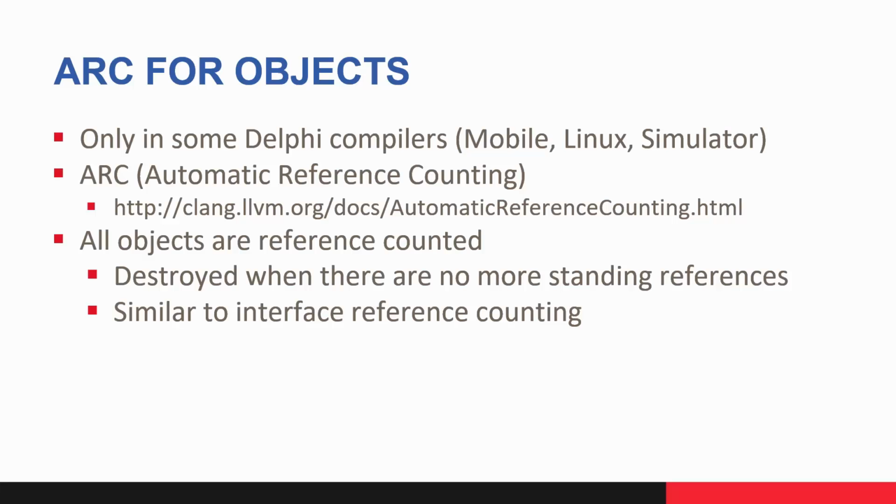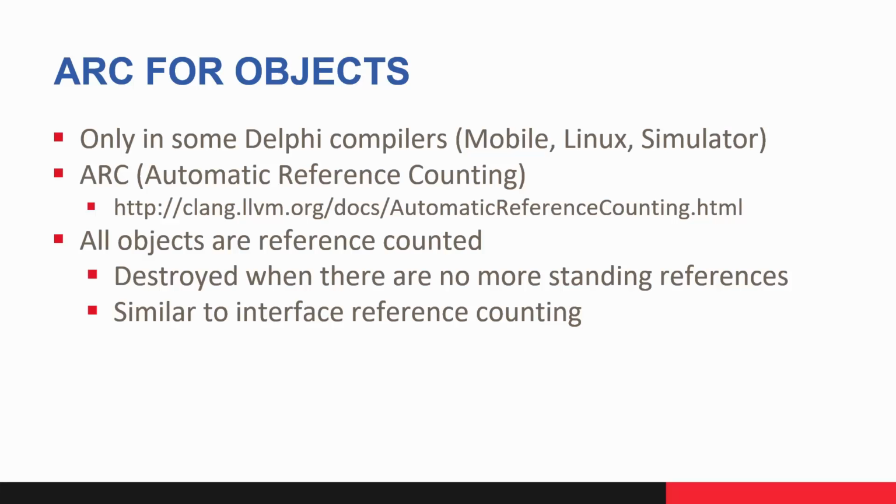So ARC is automatic reference counting. It's a feature that's fairly used on other platforms. It was mostly pushed by Apple, originally in Objective-C and now on Swift. Swift adopts ARC throughout the board. There is a fairly complex and long document on the Clang site, part of the LLVM compiler infrastructure website, which is a good reading.